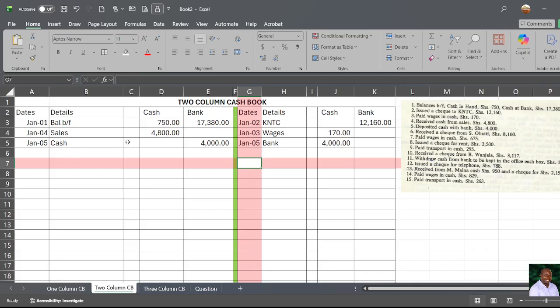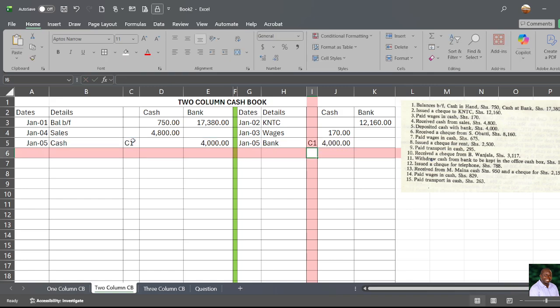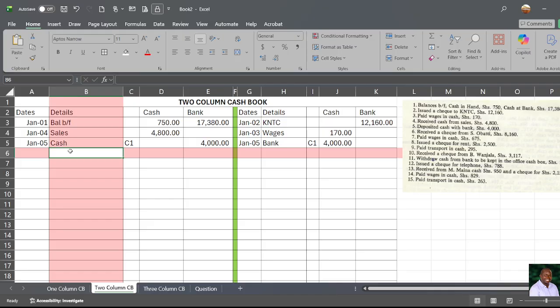So this is what we call a contra entry. Let me call it contra entry 1, so that someone can be able to tell. In that kind of contra entry, you see that cash is reducing by 4,000, but it is reducing to the bank. Bank is gaining 4,000 and it is gaining that from the cash. So that's a contra entry.